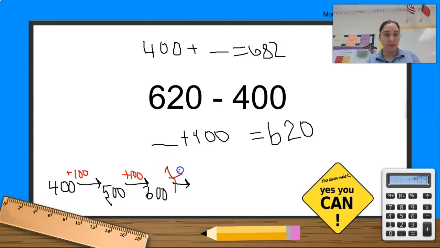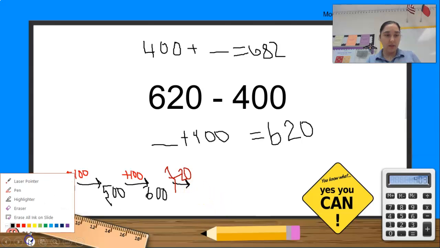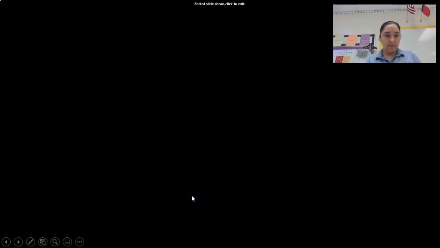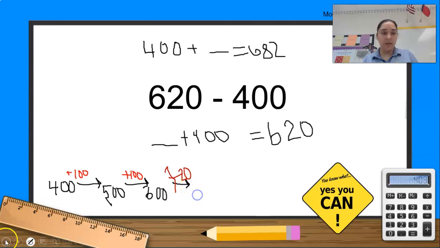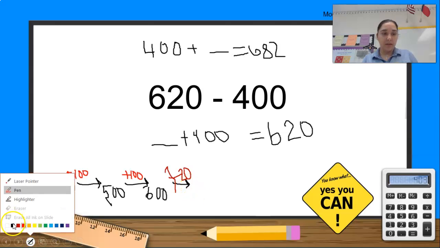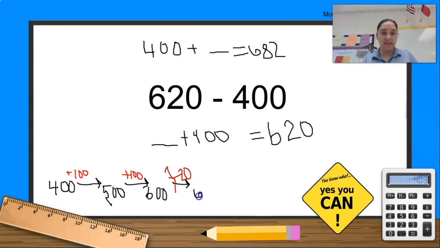Oops, I'm sorry, boys and girls. 600 plus 20 gives me 620. Am I at 620 now? Yes, we are, boys and girls. So we got it.